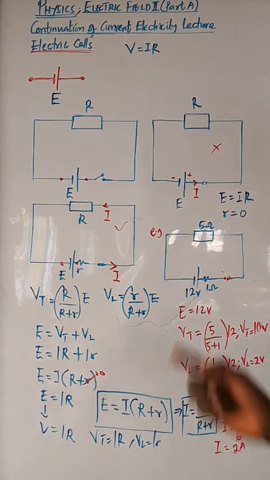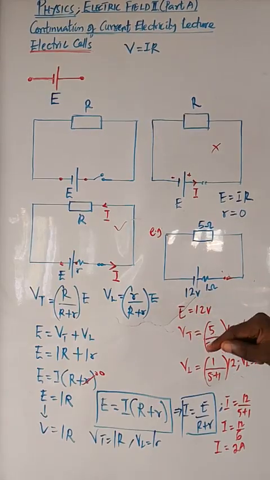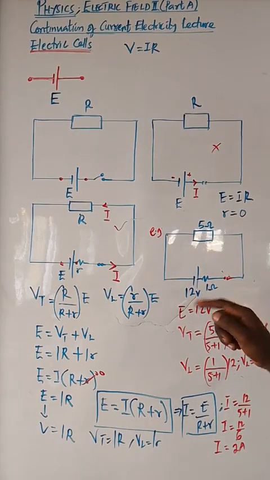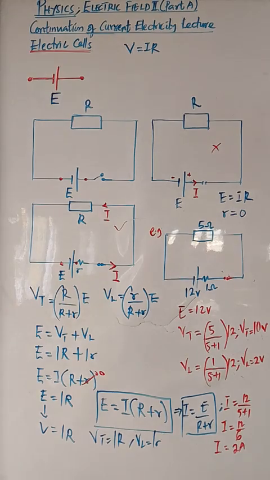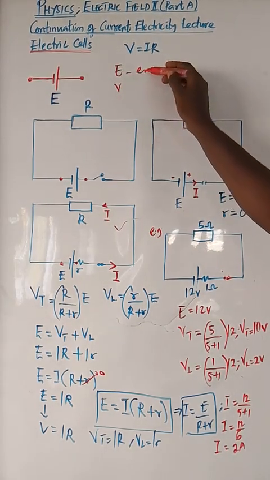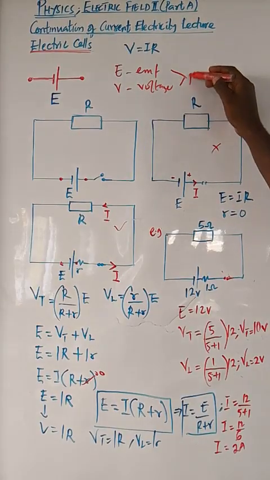Voltage is the PD, potential difference, across the terminals of a cell when the circuit is closed. Or voltage is the potential difference across the terminals of the cell when it is supplying current. This one, when it does not supply current. So EMF and voltage, they are both PD.